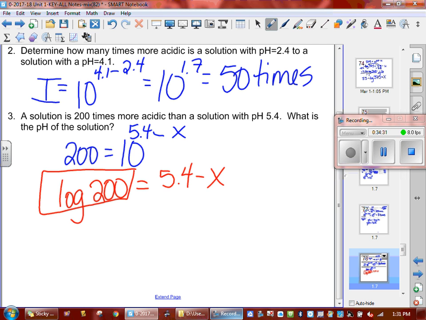And that's going to give you the pH of that other substance. It says it's going to be more acidic, so we need a number that's lower than 5.4. That's how you check whether or not you did it the right way. So we're going to get an answer of x equals 3.1. So the pH was 3.1.